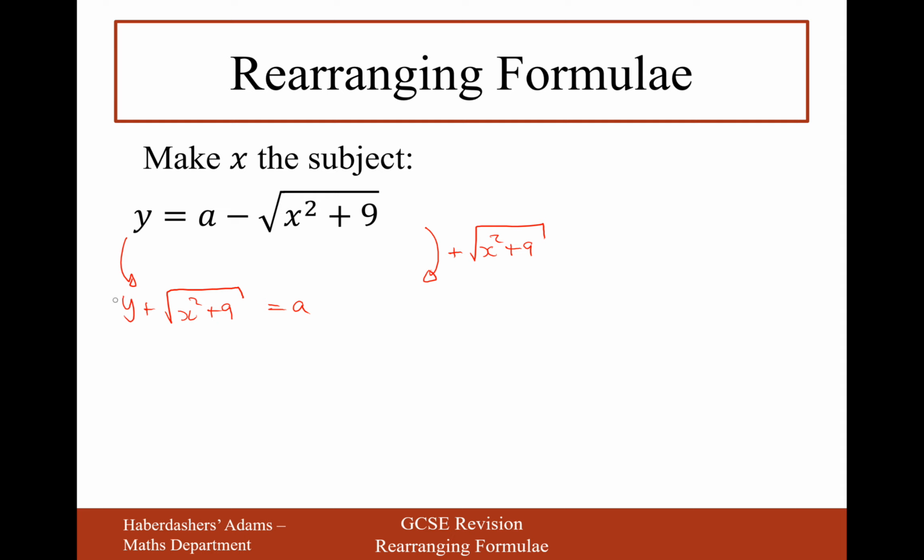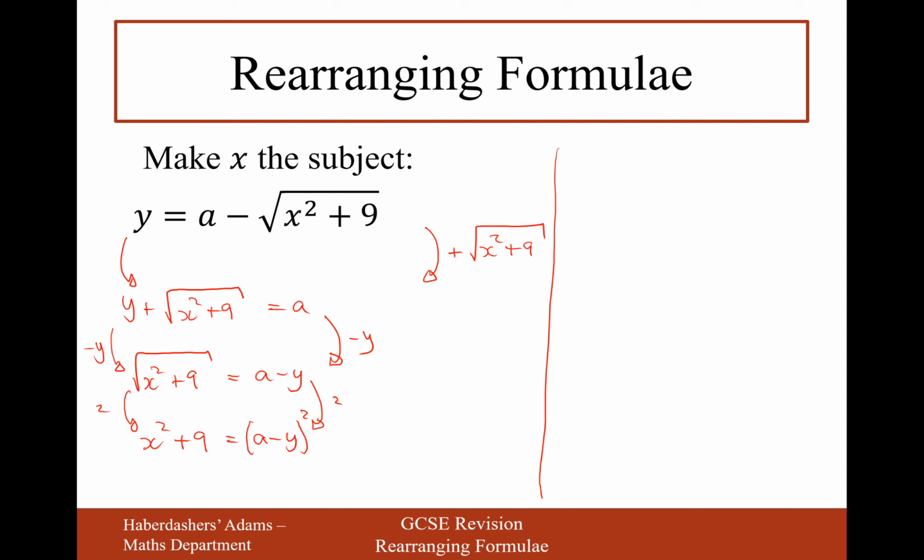Then I'm going to get rid of the y by taking it away on both sides, so minus y on both sides. That's going to give me the square root of x squared plus 9 equals a minus y. Then I'm going to get rid of this square root symbol by squaring both sides. So I'm going to get x squared plus 9 equals, in brackets, a minus y squared.